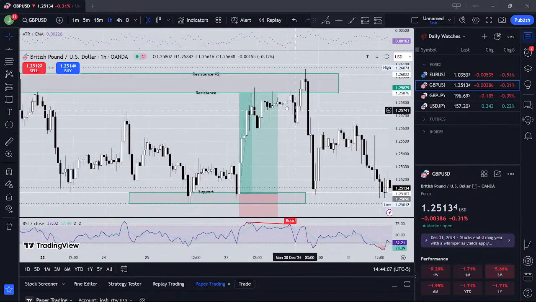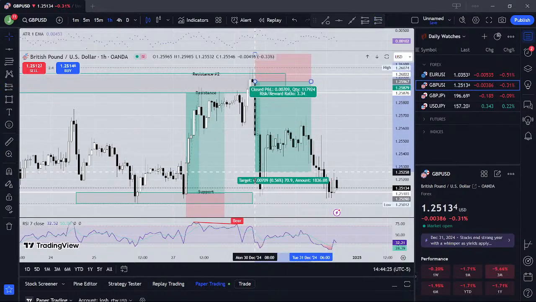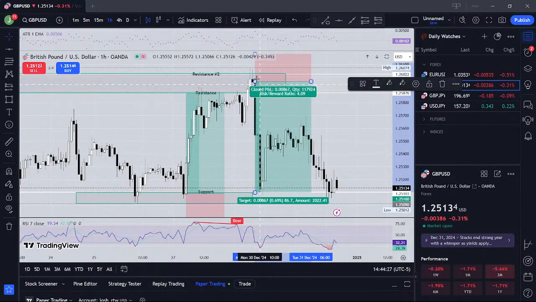I feel you can do the same thing for a long term. So if I went short right here, as soon as the market closed, because I'll probably enter right here, short right here, all the way down to my support.